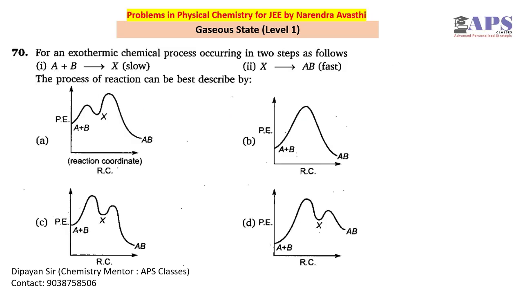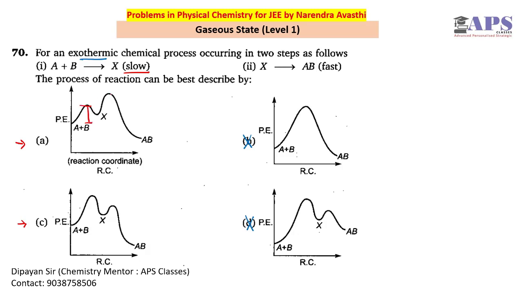For question number 60, first of all, we need an exothermic reaction. Okay, and this is just a two-step process. So option B is not possible because it represents only a one-step process. Option D is not possible because this is an endothermic reaction. Okay, so option A and option C remain. In these two remaining options, you have to see that the first step is slow, that is, the activation energy of the first step will be higher.